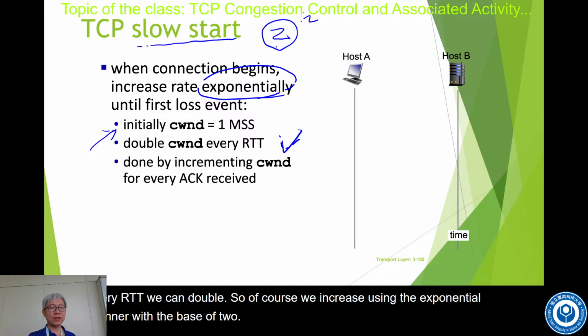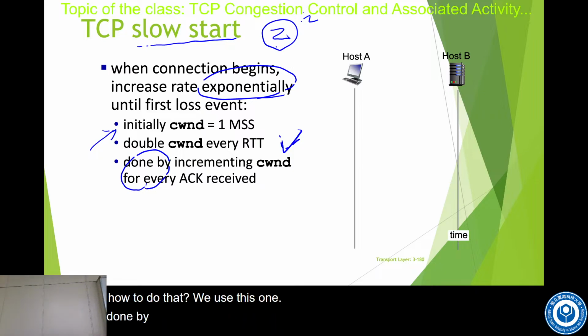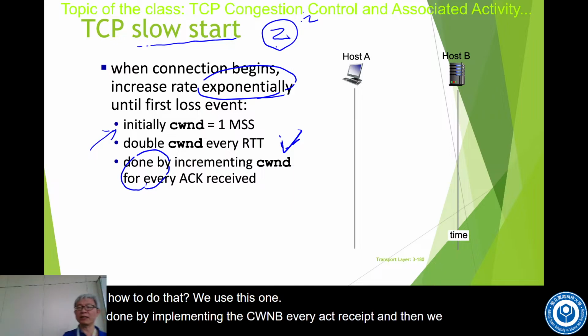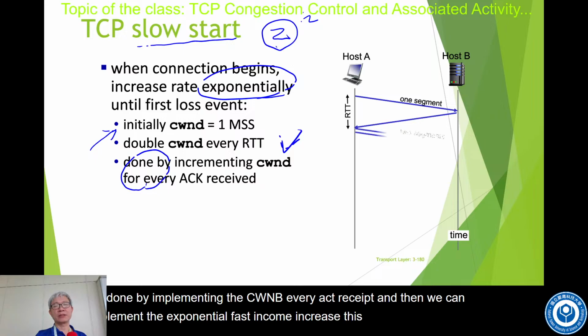So how to do that? It is done by incrementing the CWND at every ACK received, and then we can implement the exponentially fast increase.